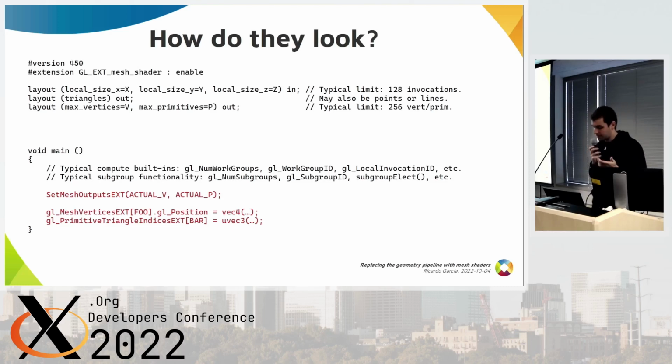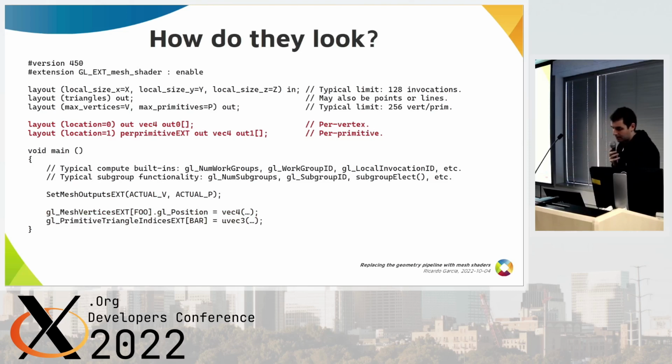That's how it works. The primitive indices array itself is accessed using indices from 0 to the actual number of primitives minus 1, obviously. And so if there's a second slide that I want you to remember, it's probably this one. What we have here is an initial template to write any mesh shader. For example, I used a template like this one when I was writing CTS tests for the extension.